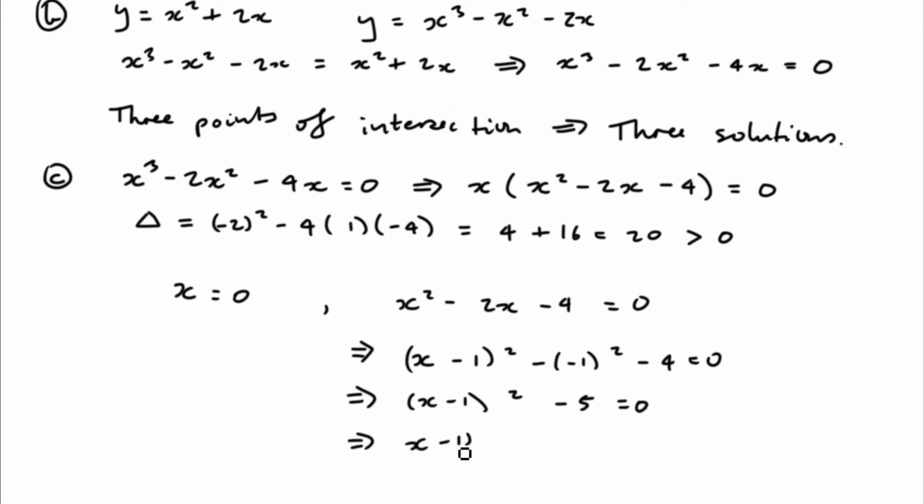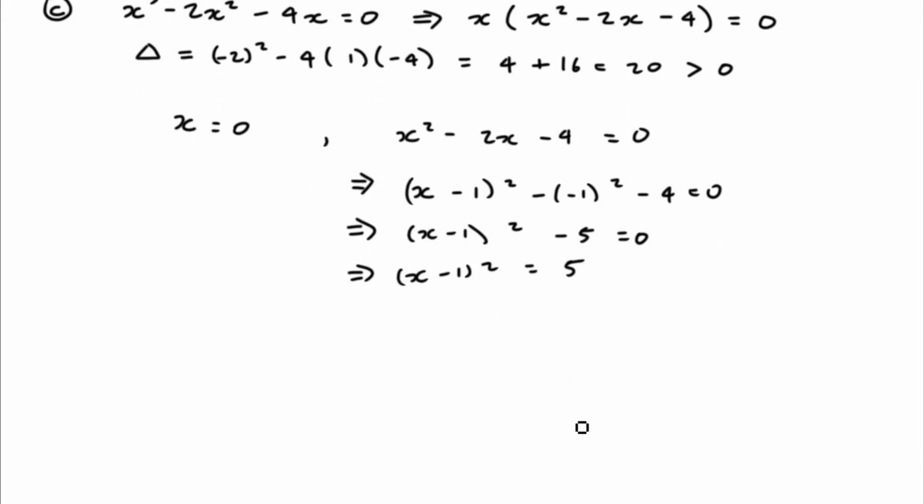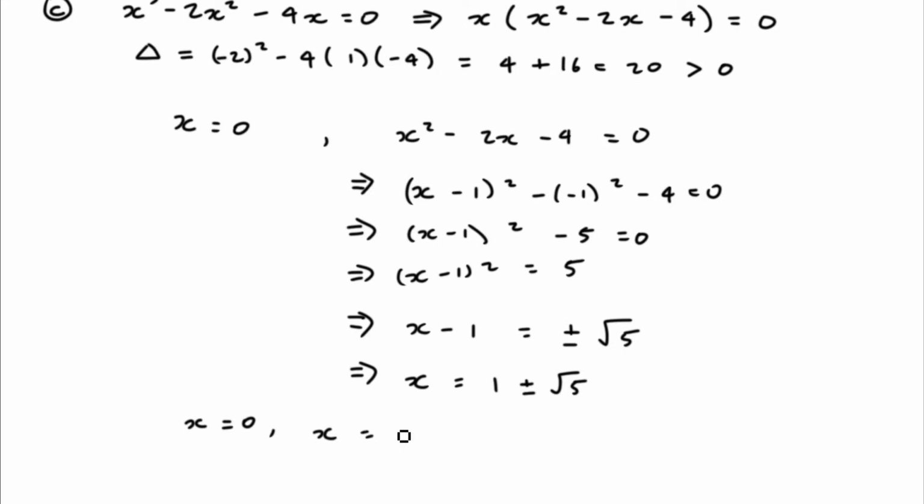So x subtract 1 squared is 5. X minus 1 therefore is plus or minus the square root of 5, and adding 1 to both sides we have that x is 1 plus or minus root 5. So our final conclusion is that the solutions are x is 0, x is 1 subtract root 5, and x is 1 plus root 5.